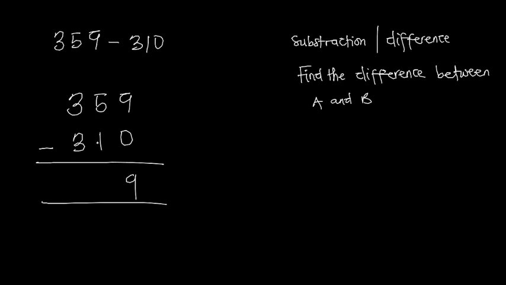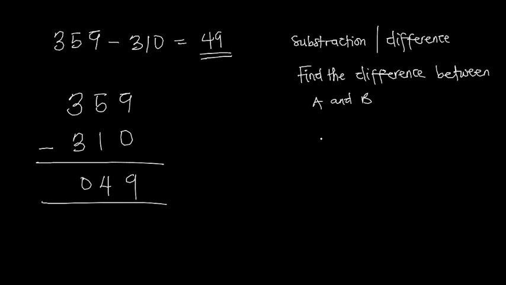Now under the tens column I have 5, so 5 minus 1 will give me 4. Now under the hundreds column I have 3 and 3. 3 minus 3 will give me 0, so my answer over here is 49. This becomes my answer for this particular example.